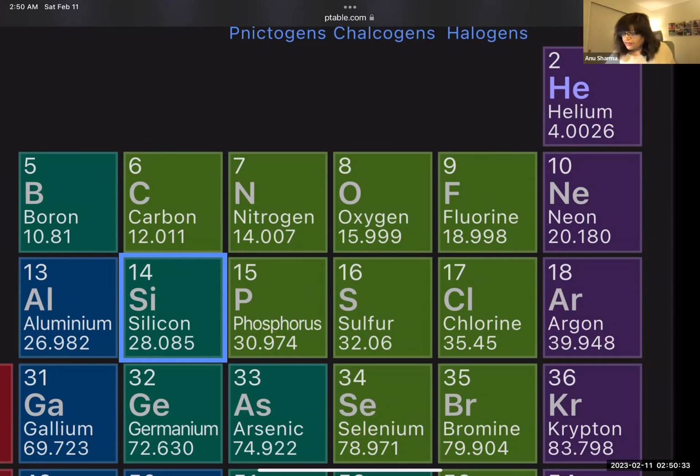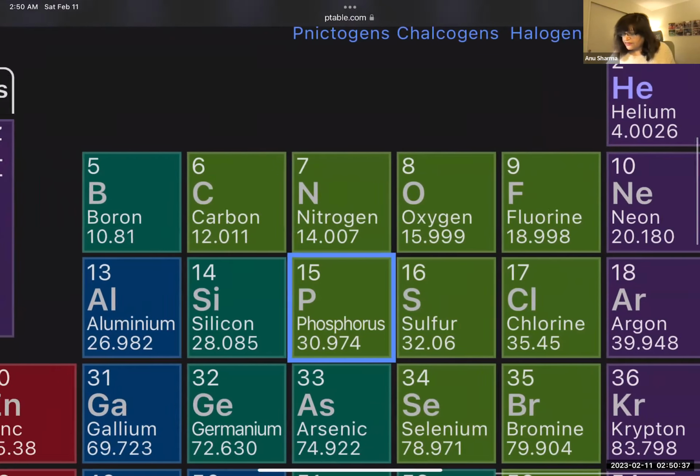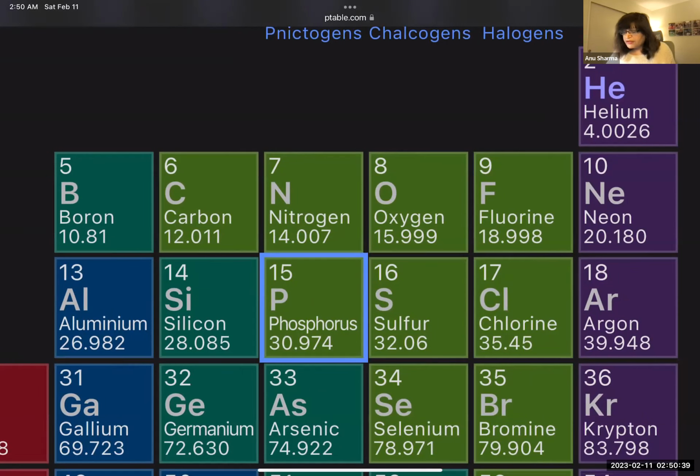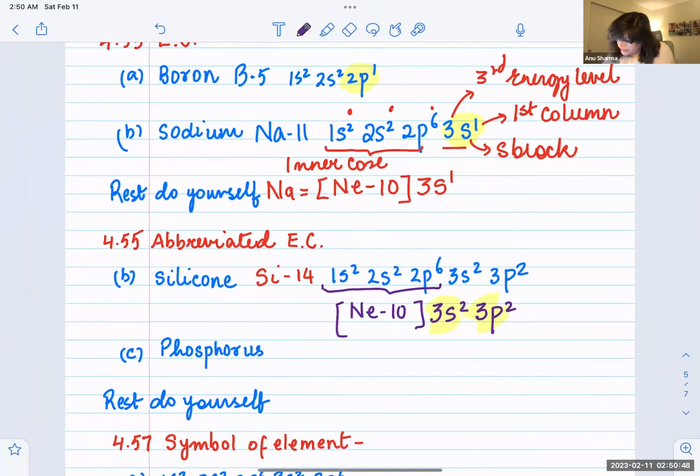So phosphorus is in the third period, at the third energy level, but it's also in the third column, and it is in the P block. So that's the deal with phosphorus, and it is phosphorus 15.